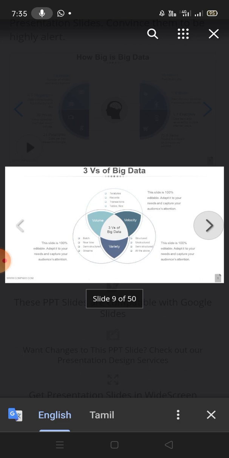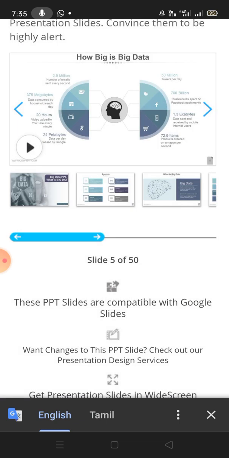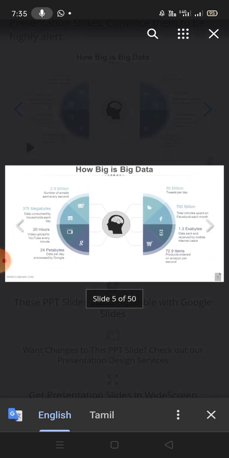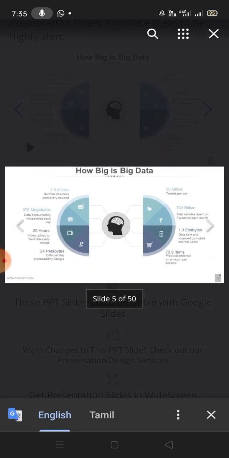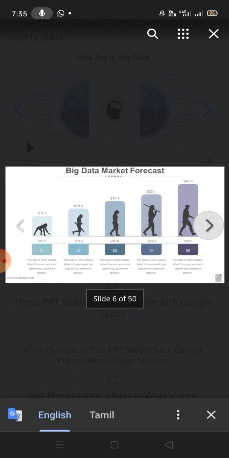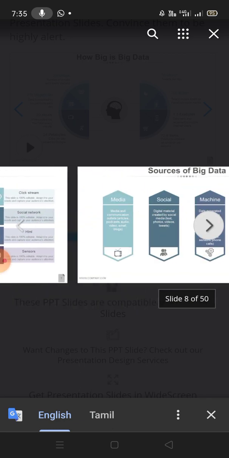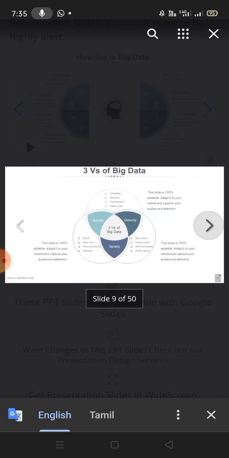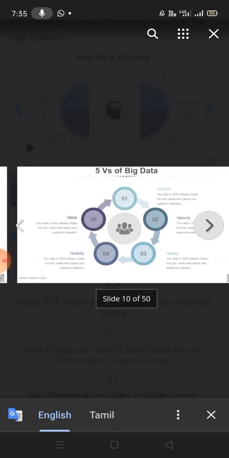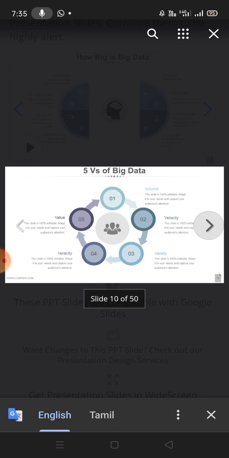Variety means which type of data should be stored: structured, unstructured, and semi-structured data. So volume, velocity, and variety are called the three Vs of big data. And the five Vs of big data are volume, velocity, variety, veracity, and value.